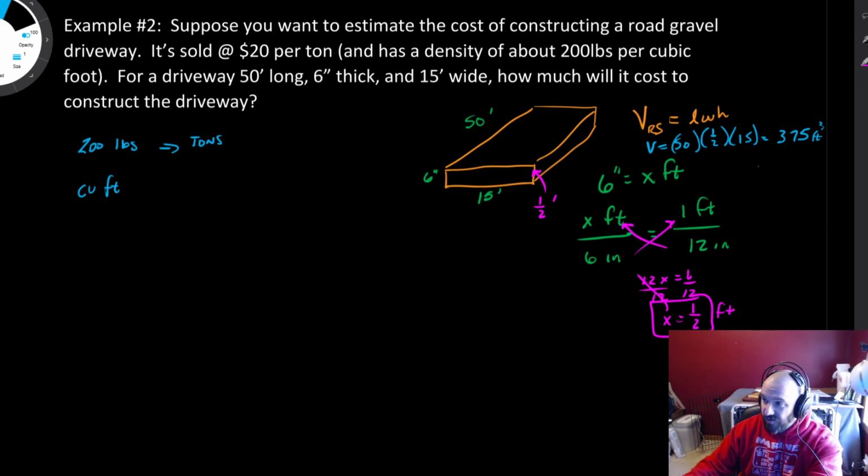I need to convert 200 pounds to tons. So I have 200 pounds to tons. I'll just do it this way. It's just easier. 200 pounds is how many tons?